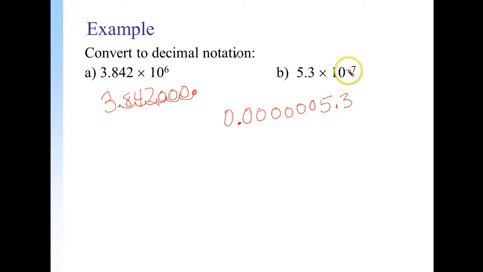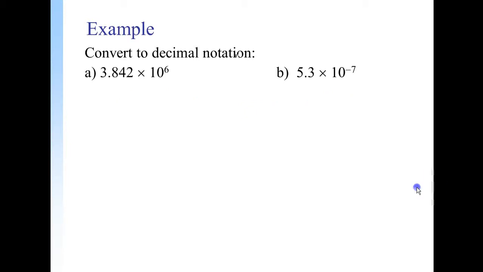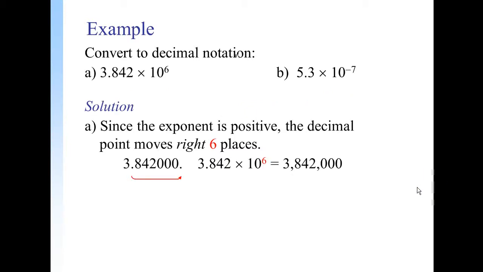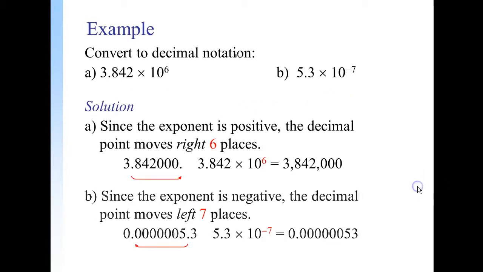So I need to move the decimal 7 places from where it is. So that's 1, and then 6 more, period, to show you the decimal place, and then another 0 to fix it. Okay?